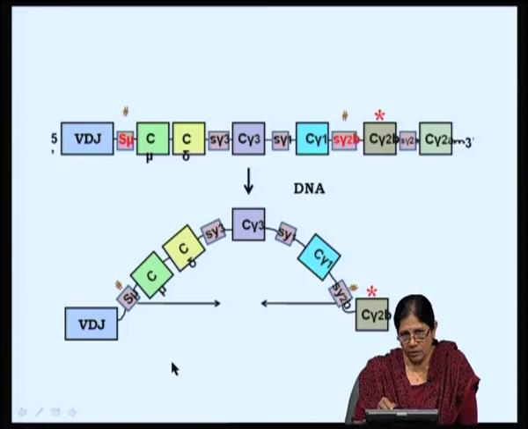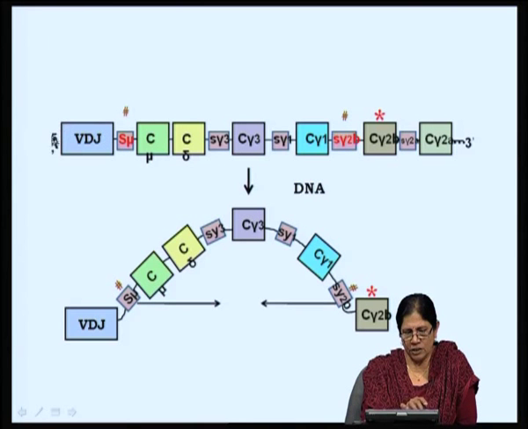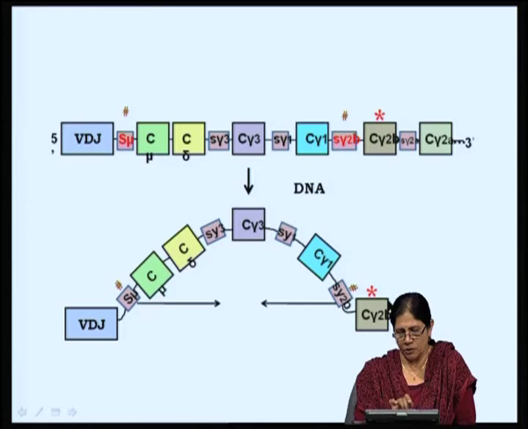Now, what brings about this looping out we will deal with, but let us just look at the events that are taking place. Now, VDJ, this should be 5 prime. The recombined VDJ is now associated primarily with the C mu, C delta, and now needs to undergo class switching to C gamma 2b.